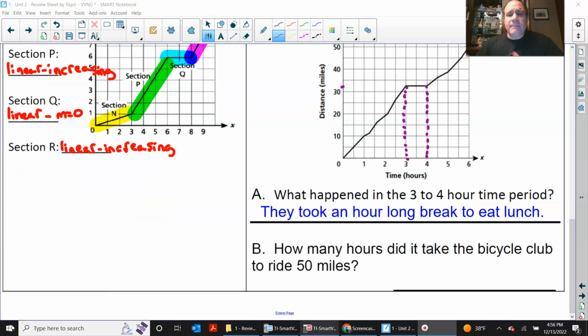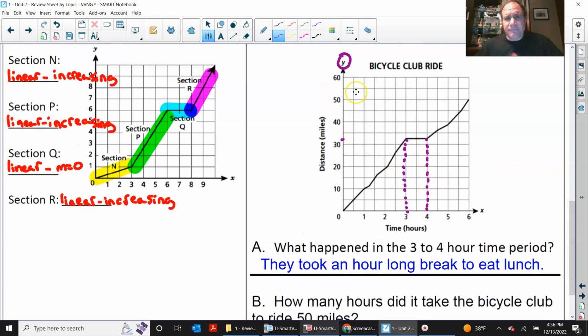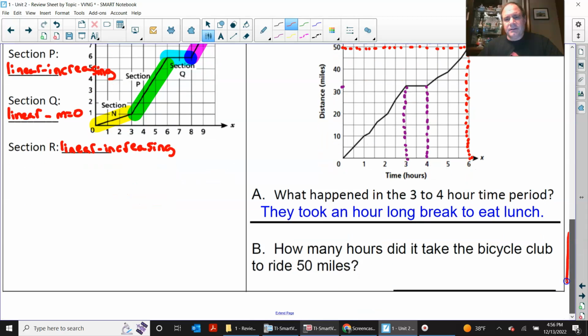So B, how many hours did it take the bicycle club to ride 50 miles? So let's see, 50 is right here. So I'm going to go over and draw my dotted line all the way over to the end right here, and then go down. How many hours is that? That is 6 hours. So how many hours did it take the bicycle club to ride 50 miles? 6.